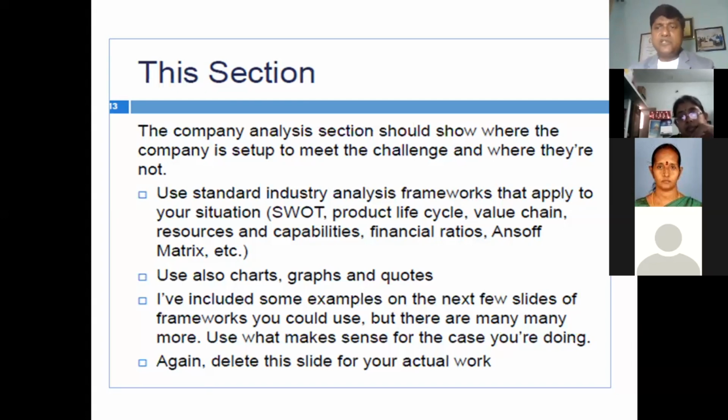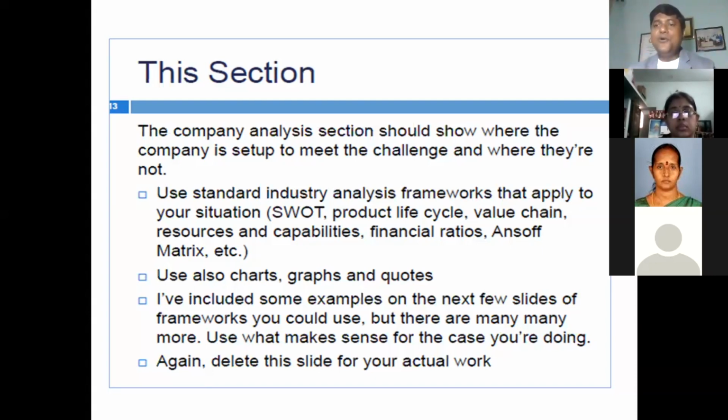Even Porter's five forces analysis is also done. But we can do the product life cycle analysis and value chain analysis also: in which stage the product is, introductory, growth, maturity, or decline. Now we know that in each stage, based on the BCG matrix, we have a different strategy in place which we can suggest, right? So there are tools available today.